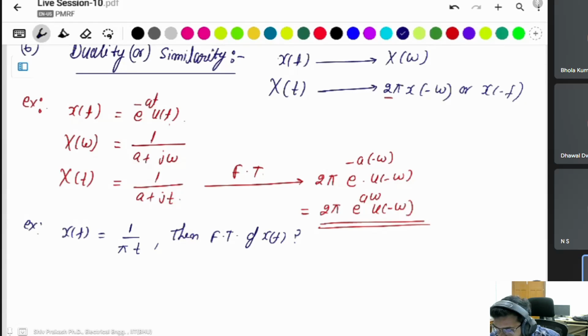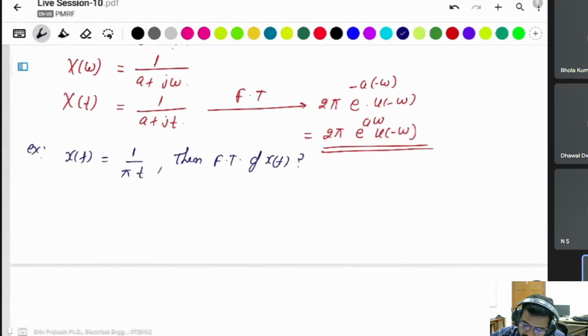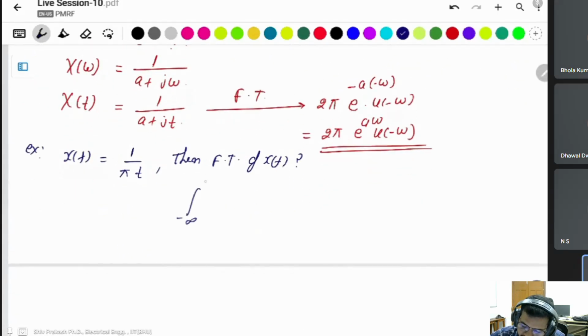If you go for the long method, the integration from minus infinity to infinity of x(t) = 1/(πt) into e^(-jωt) dt, then this will take a lot of time. How can you solve this integral? It is also difficult to solve.